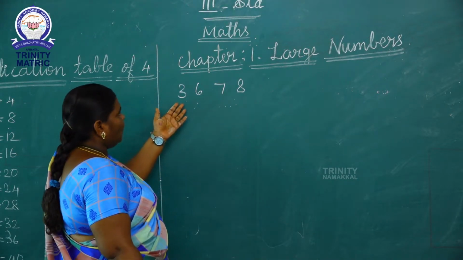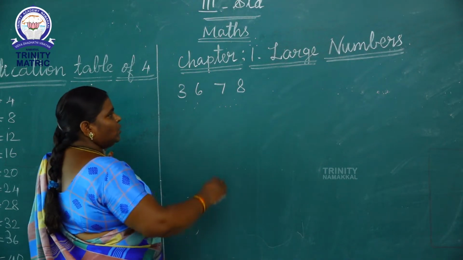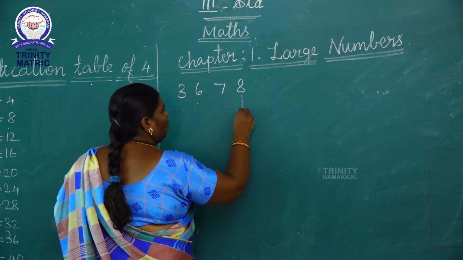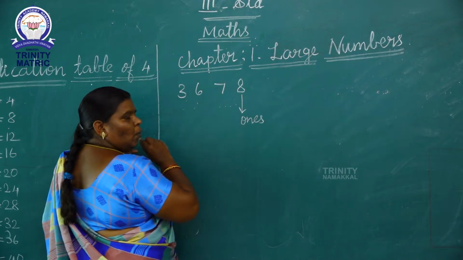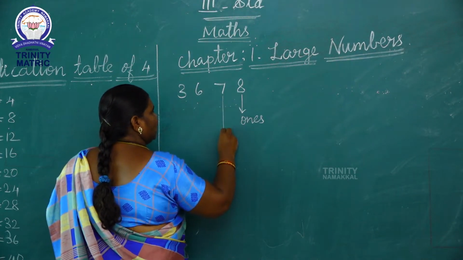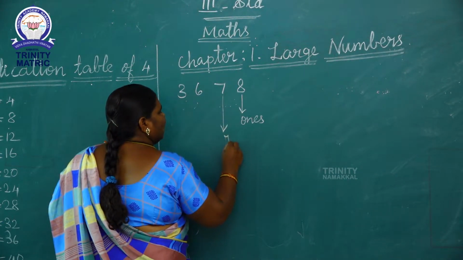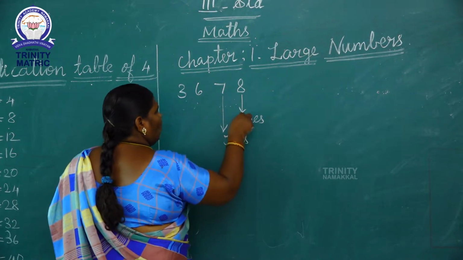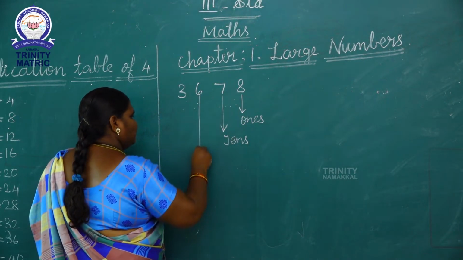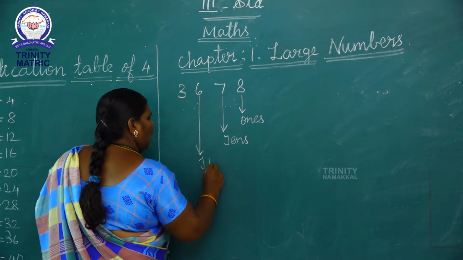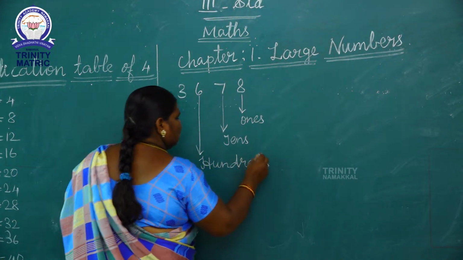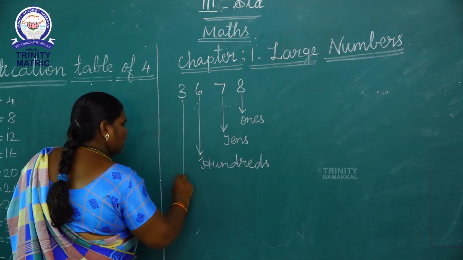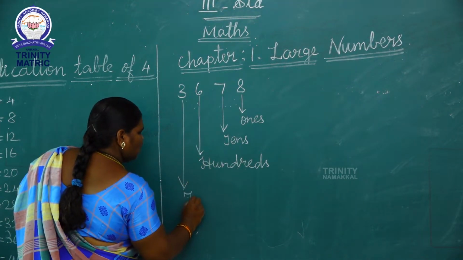Okay, I write one 4-digit number. You see the place value. First one is ones place. Next, tens place. Ones, tens, hundreds, next thousand.